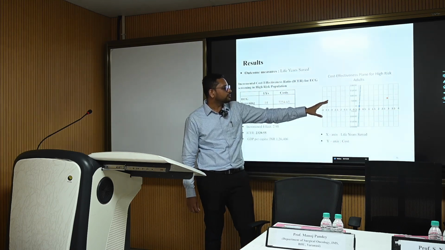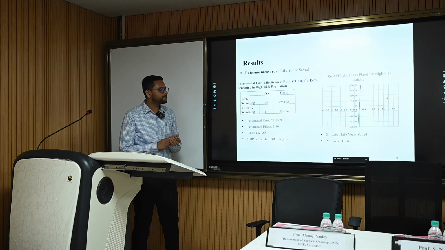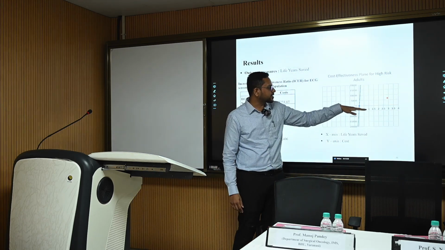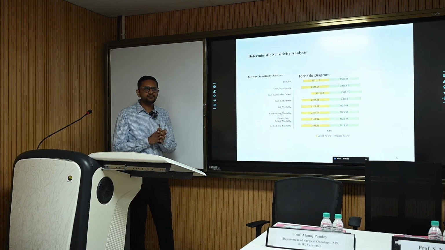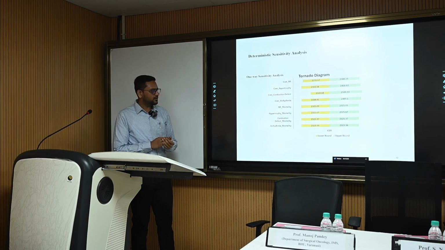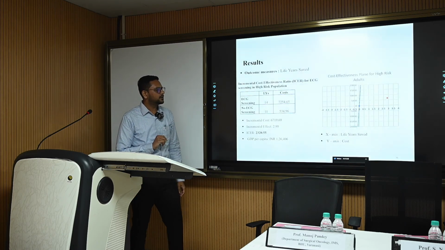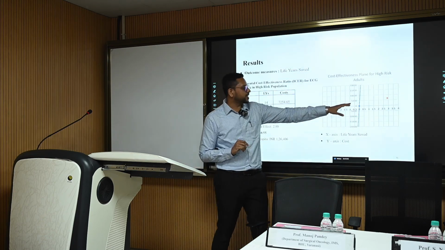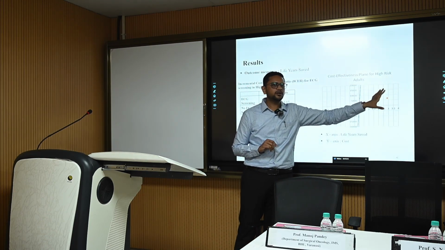So what quadrant does it represent? This is our treatment, this is cost. What does this mean? यहाँ पे ये डॉट आ रहा है, what does it mean?